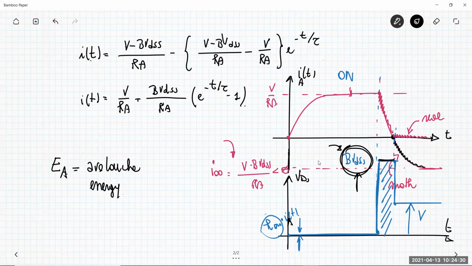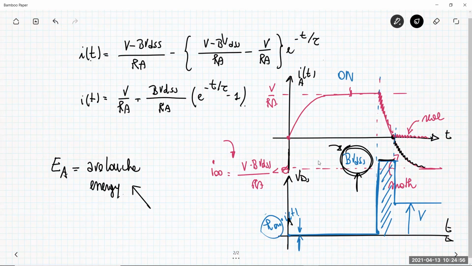So you can continue to operate the MOSFET safely without any problems. But if this is not accurately followed, and you overcome this avalanche energy, then you can get permanent failures. So this is what happens here.